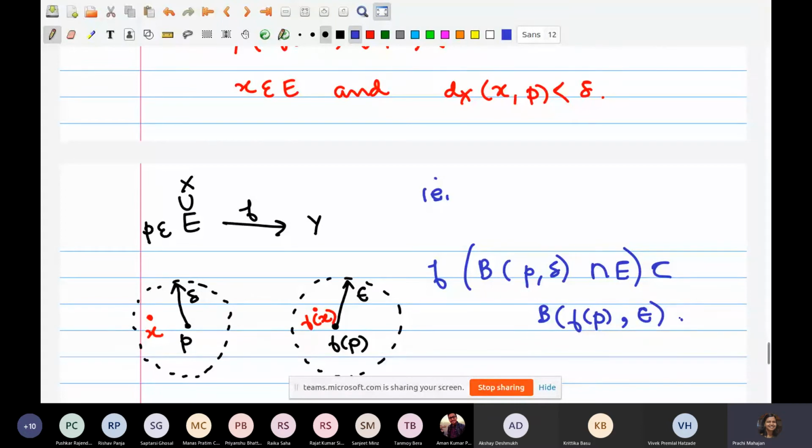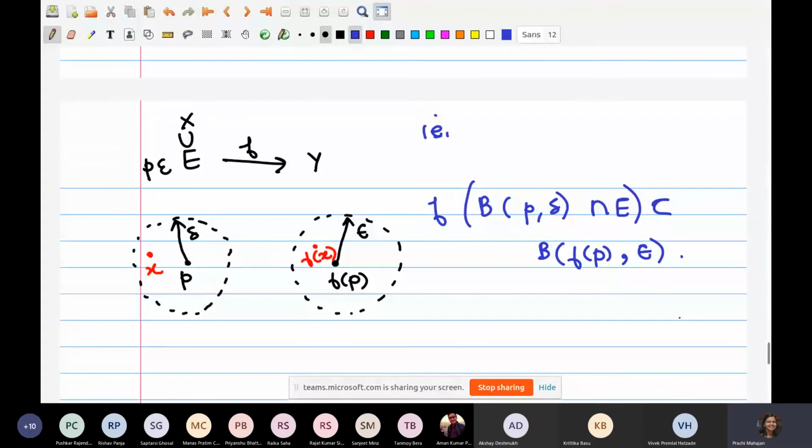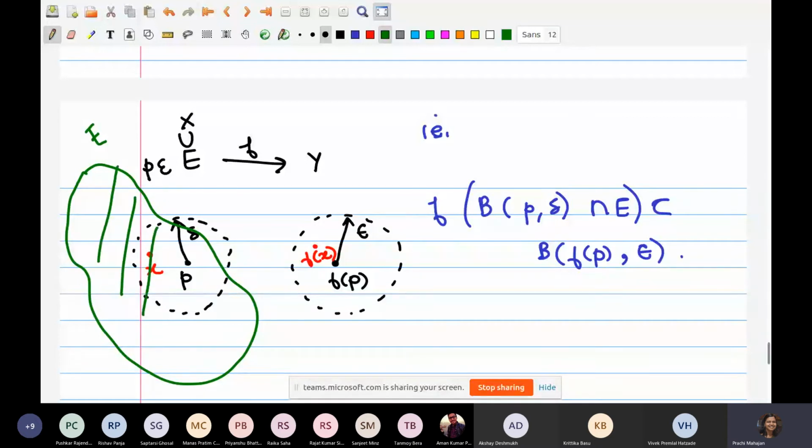Which means that in the picture I have drawn here, this is the delta neighborhood of the point P, and let's say this is my set E, in green ink.